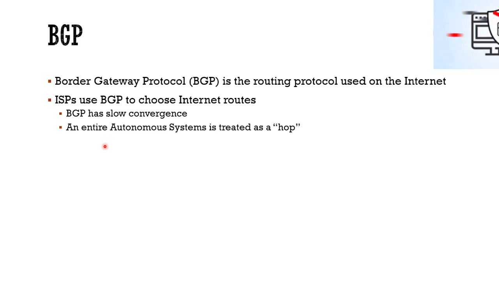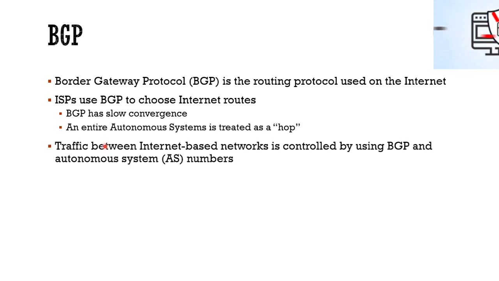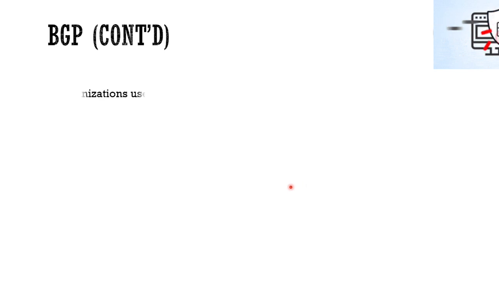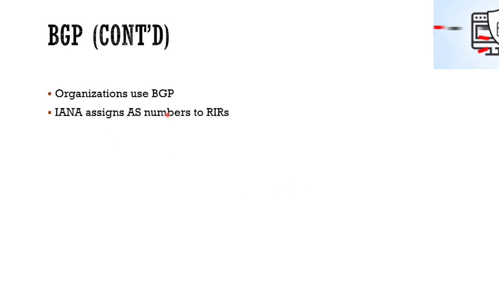Large means you have to have 50,000 nodes in your network, okay? Got to have at least that. Then you can get an autonomous system number, which then allows you to manage how you're going to route to and from the internet.